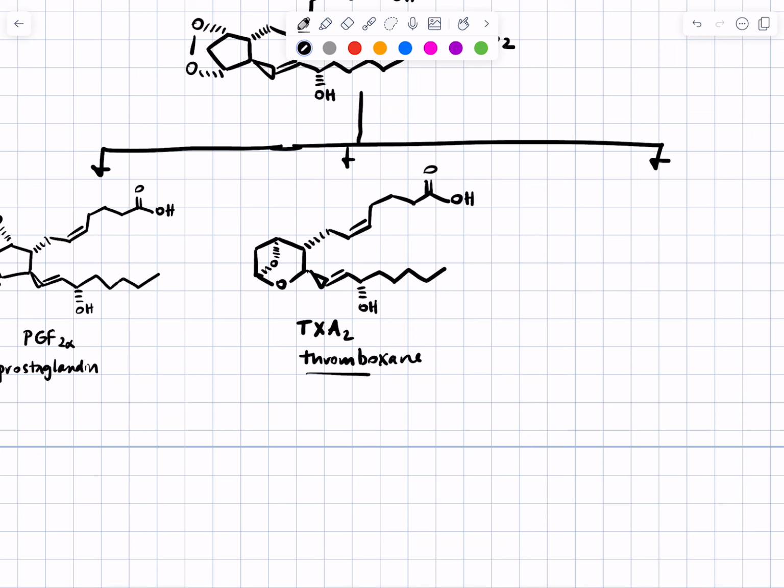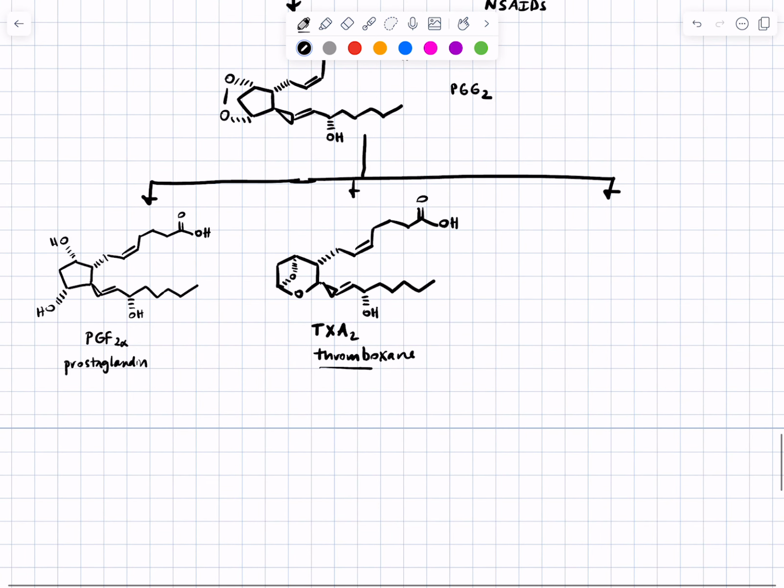Thromboxanes generally constrict blood vessels and trigger platelet aggregation. So that's sort of what you want to have near a site of bleeding. You don't want to have constricted blood vessels and platelet aggregation in your heart. And so that highlights one important thing about thromboxanes.